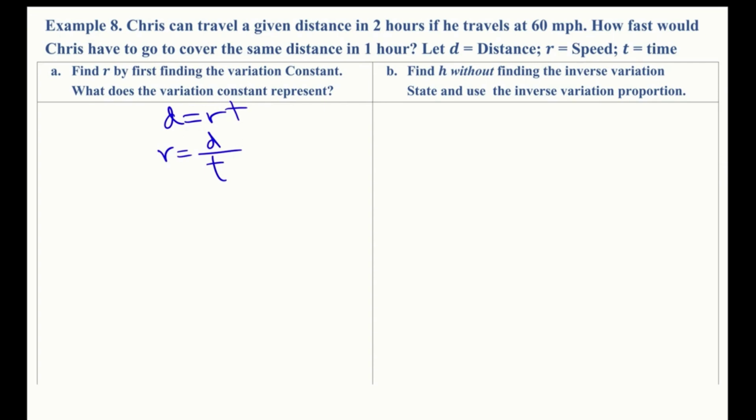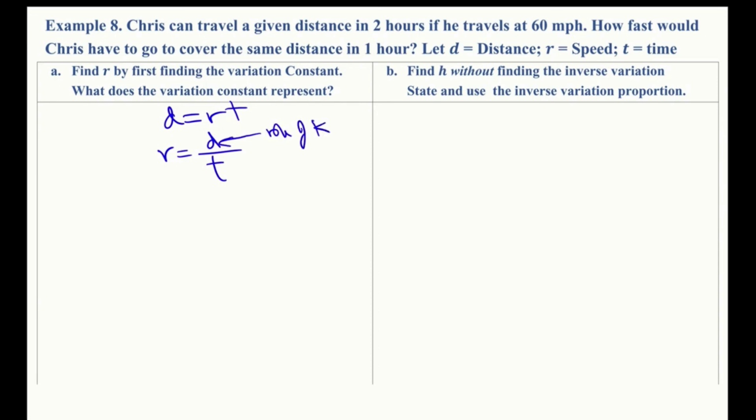So you can see that's going to be the constant of our proportionality. So we're saying speed is inversely proportional to time, right? When the distance is fixed. So this is playing the role of K.